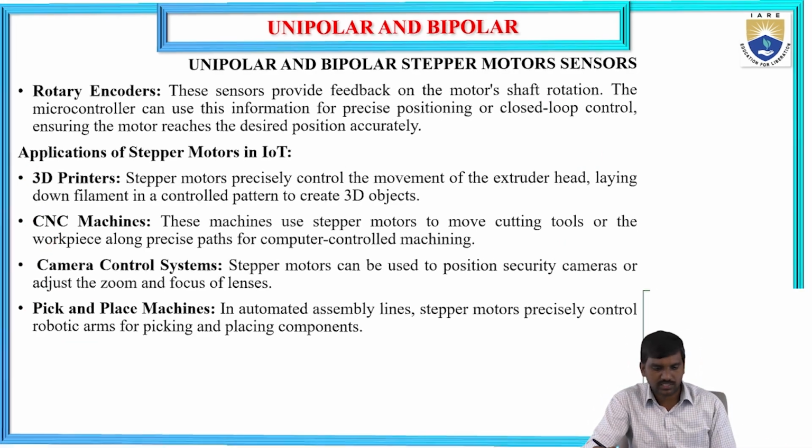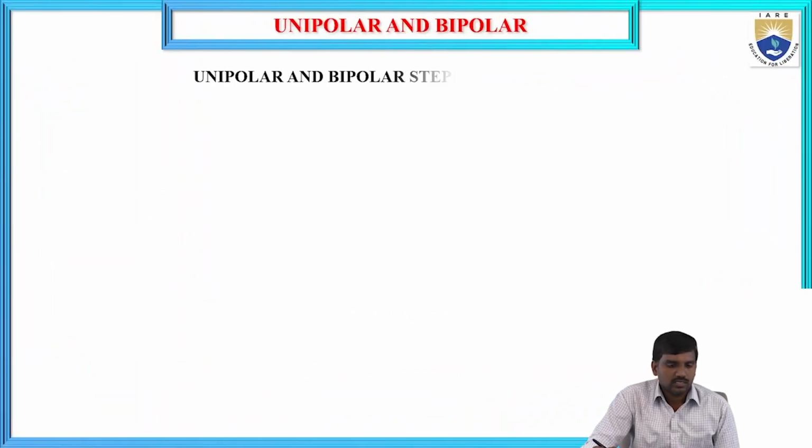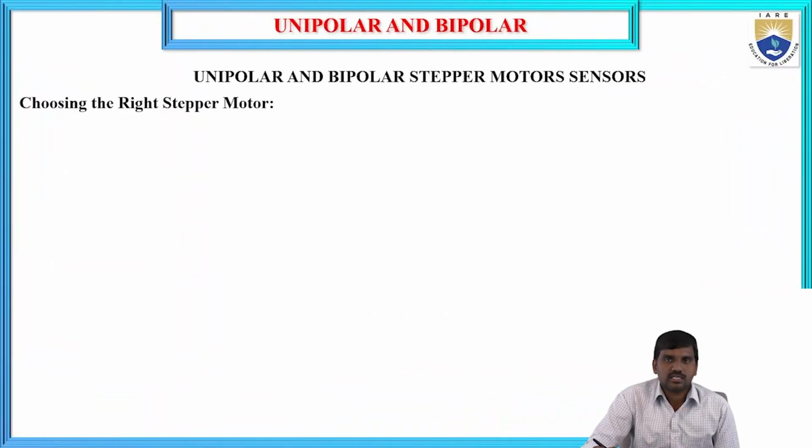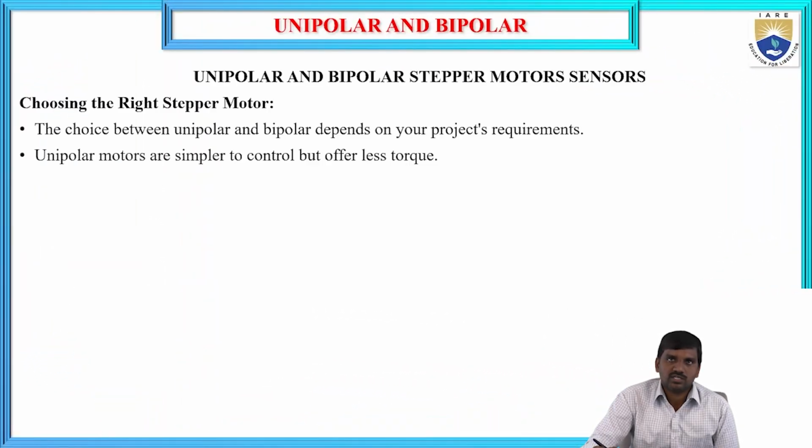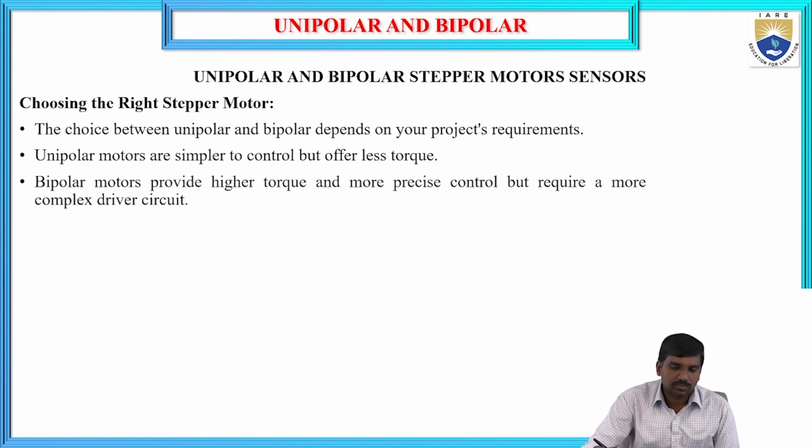Next, choosing the right stepper motor to develop IoT applications. These are the specifications for choosing the right stepper motor. The choice between unipolar and bipolar depends on your project's requirements. Unipolar motors are simpler to control, but they offer less torque. That is one disadvantage, but it may be acceptable in some IoT projects.